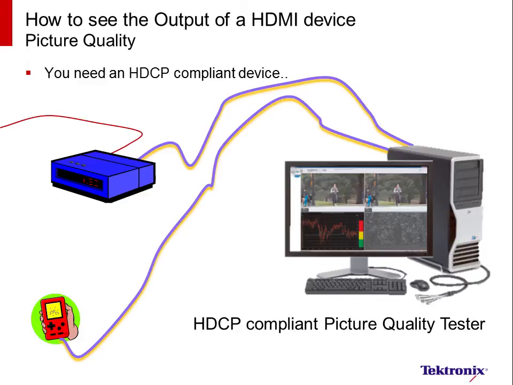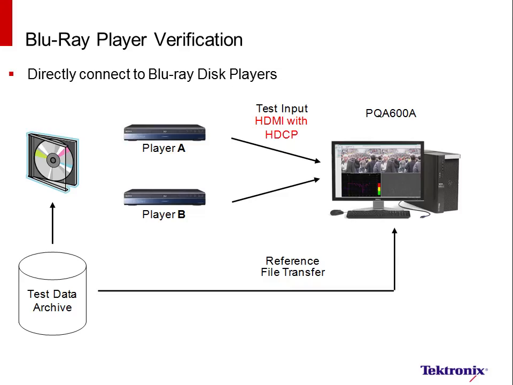We would also need to do the same if we wanted to see the output of a cell phone or a tablet, as mentioned in the previous slide. If, for example, you wanted to see the output quality of two different Blu-ray players against each other, we would likewise need a compliant device receiving the data.